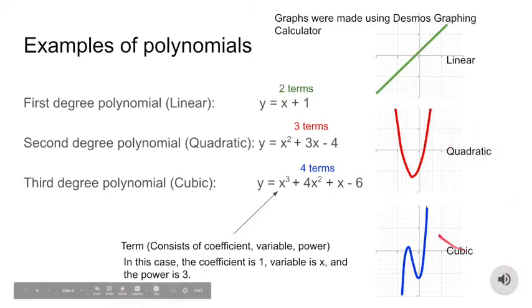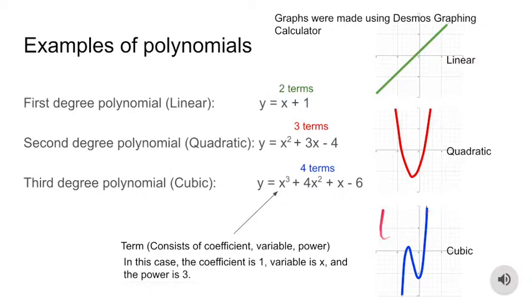The name of the red graph is a quadratic graph, and the blue one is named a cubic graph with 3 arms and 2 turns. They all have more arms and more turns based on the power, the exponent of their variable, which in this case is x. As you can see, the green function has an x to the power of 1, the red an x to the power of 2, and the blue an x to the power of 3.